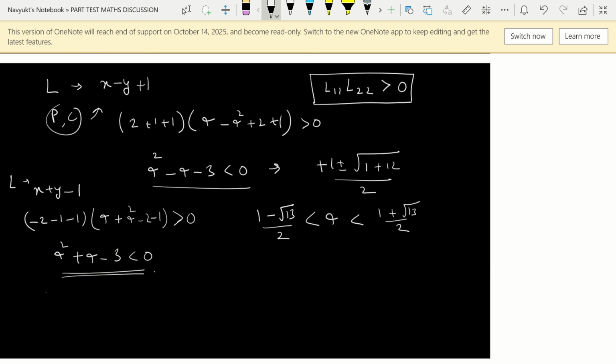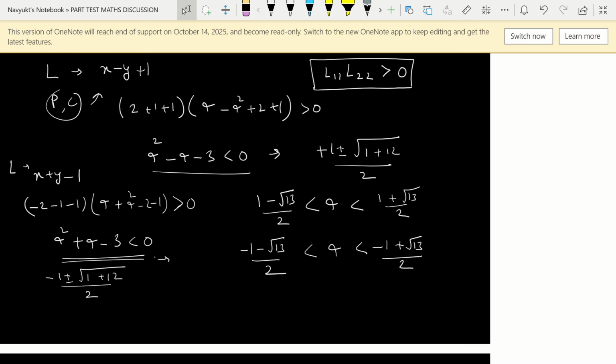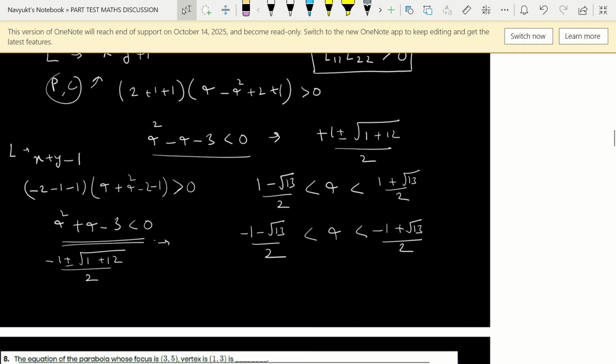Again, the roots of this would be minus 1 plus minus root b square minus 4ac upon 2a. So from here we'll get alpha between which 2 points. Alpha would be minus 1 minus root 13 by 2 and minus 1 plus root 13 by 2. This is the zone for alpha.